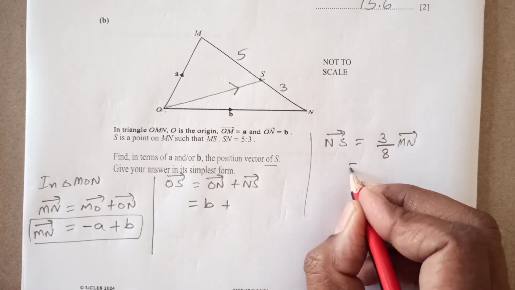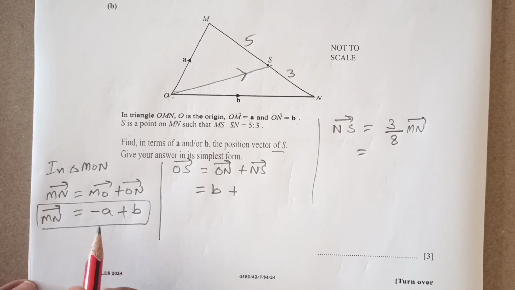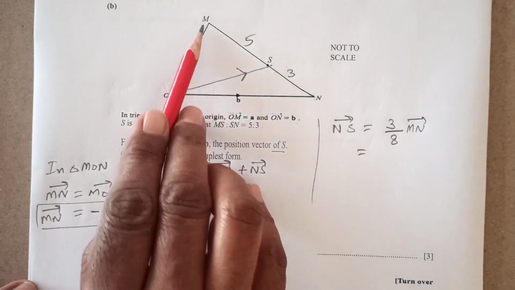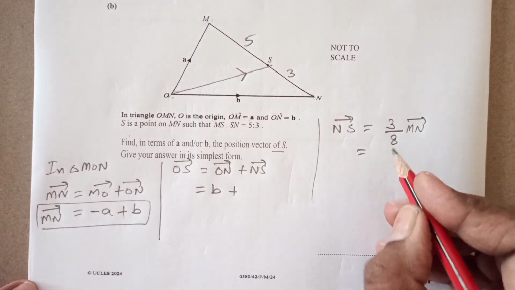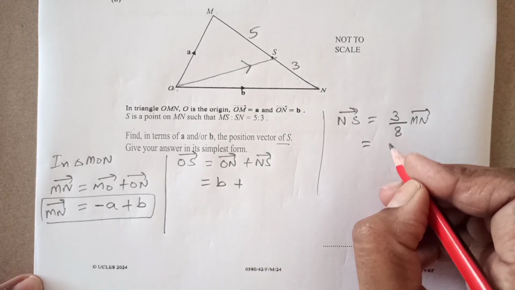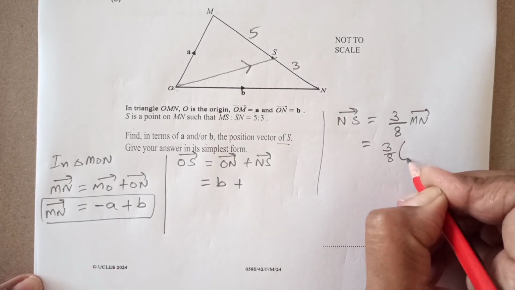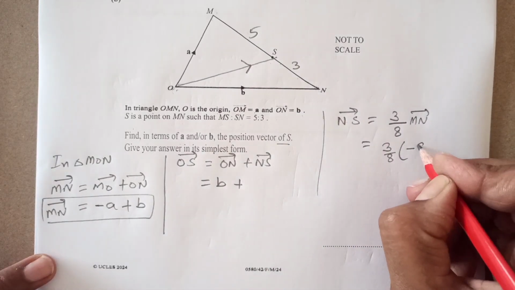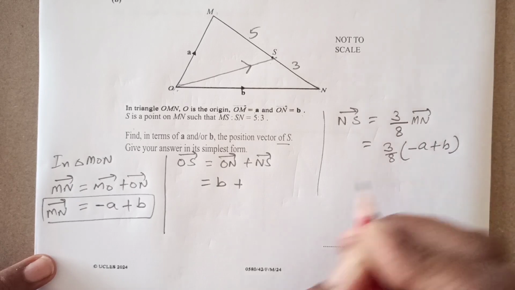And MN we have got here as negative A plus B. So it will be 3 over 8, and we pick up the value from here, negative A plus B, right?